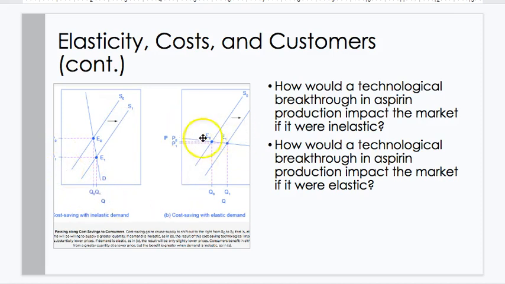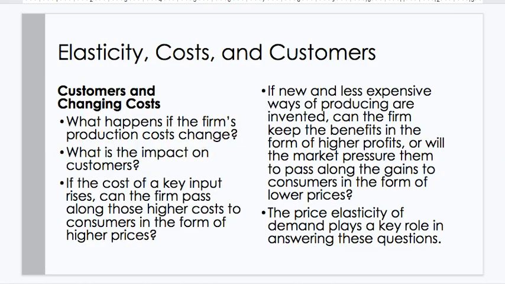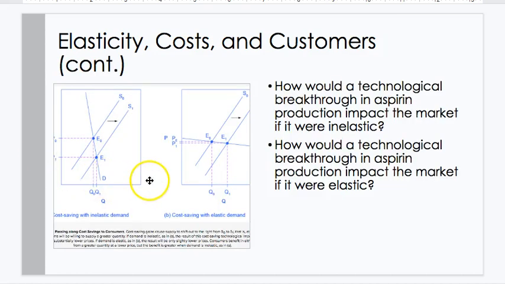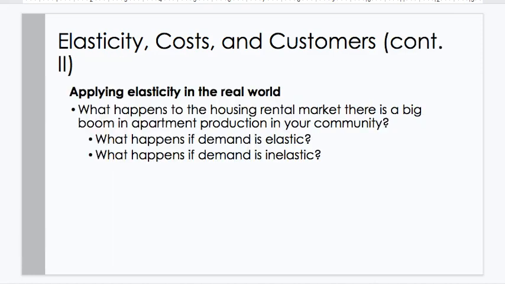As opposed to when you have a relatively flat or elastic demand curve, for the same shift to the right in supply, you have a relatively small decrease in price but a bigger increase in quantity. So elasticity affects the outcome.